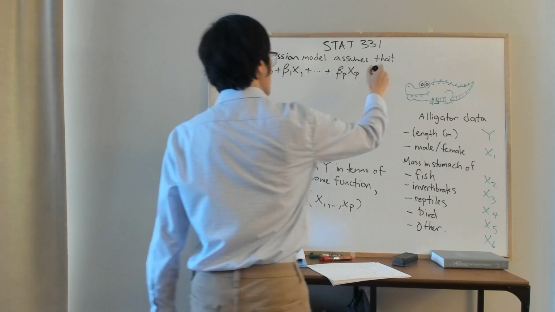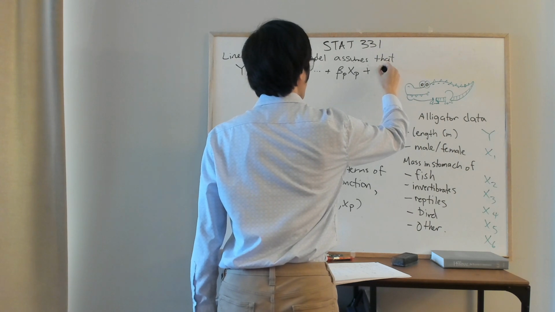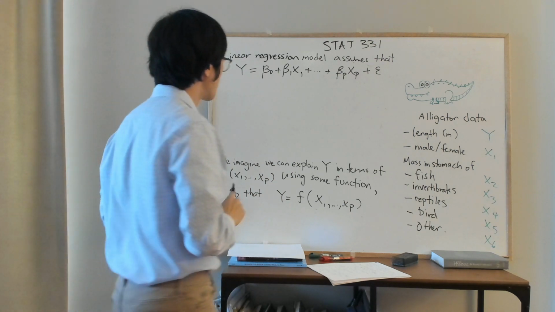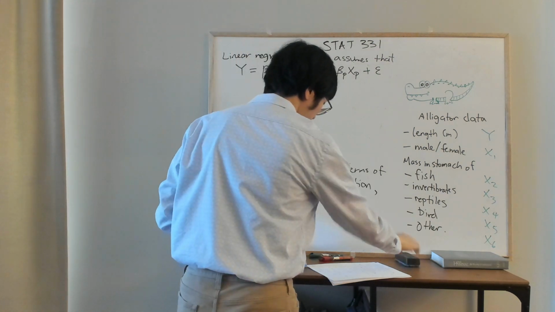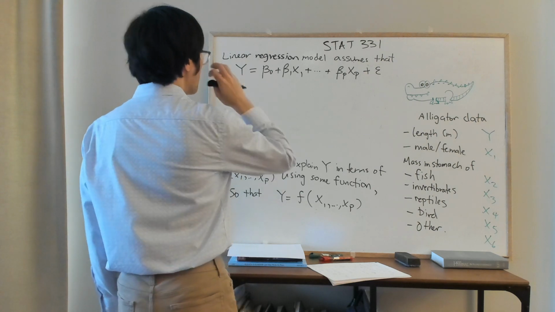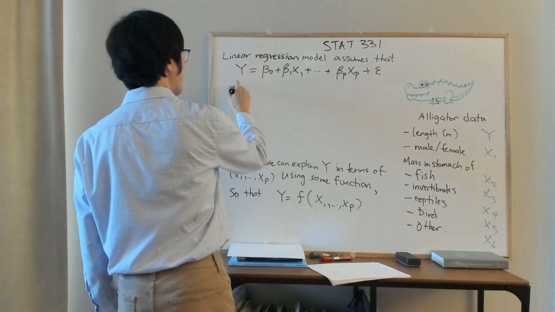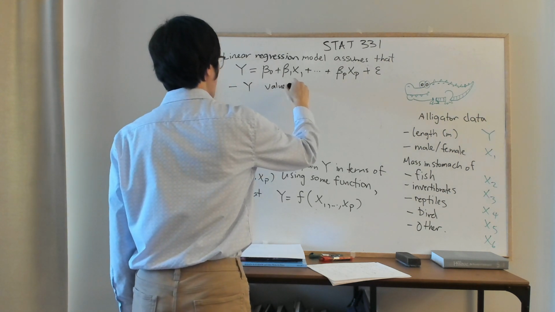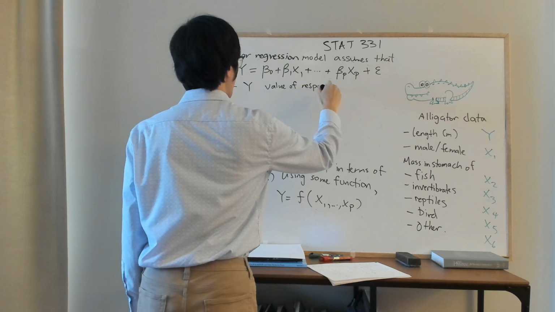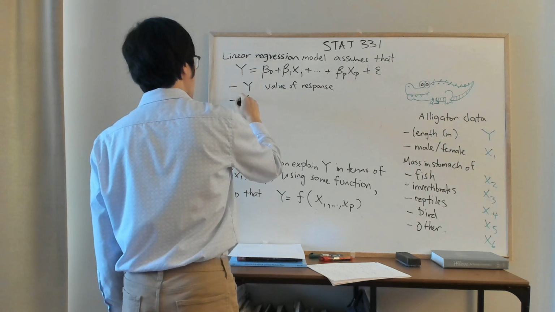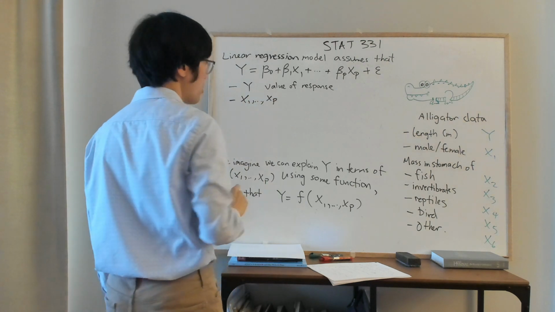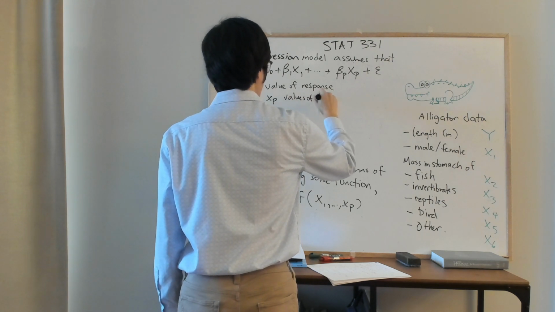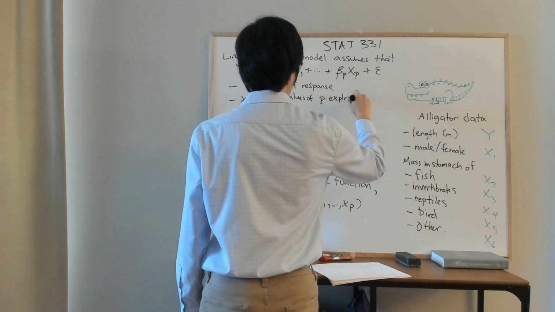And at the end, we'll explain this more fully as we go on, but for now we'll put an epsilon at the end. Let me give you a rundown of what all these things are. Let's make a list. We have y, which represents the value of the response, and then we have x1 up to xp, which are the values of the p explanatory variables.